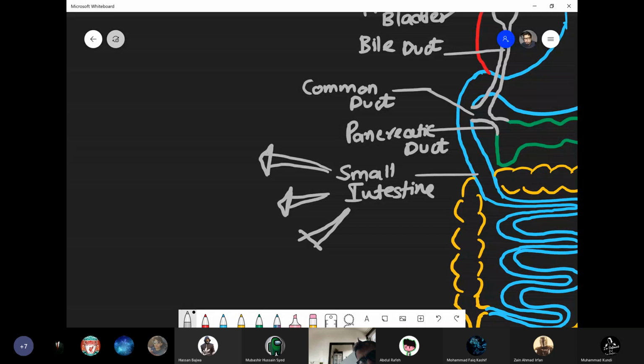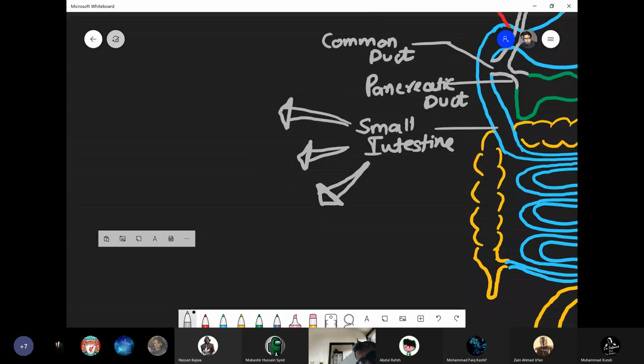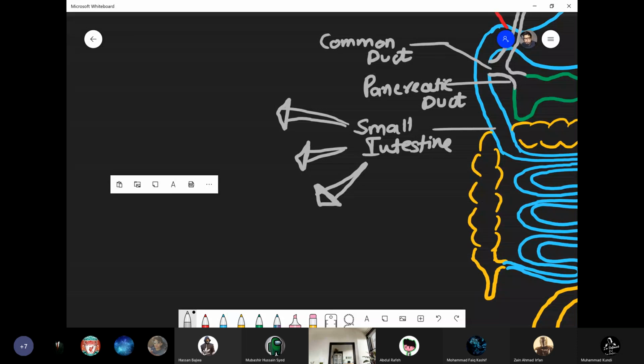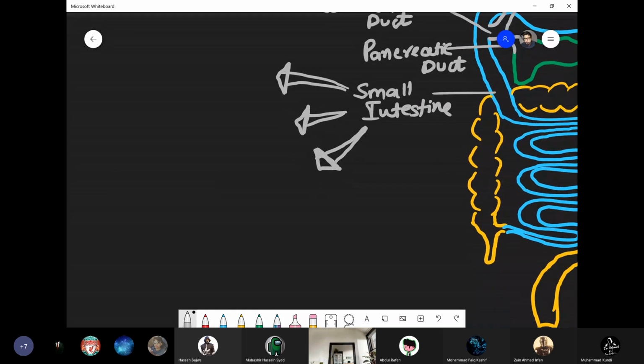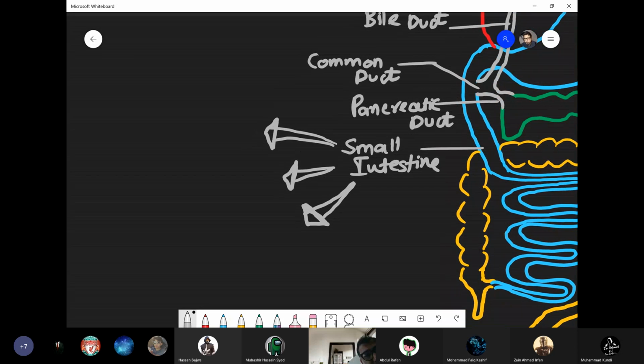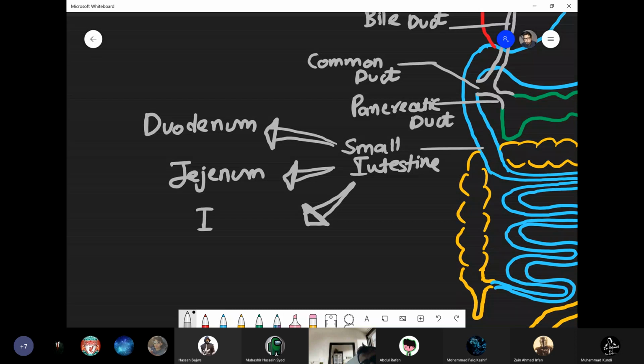They are not actually three marked parts. For the function of the small intestine, we have divided it into three parts. The first part is called the duodenum. The second part is called the jejunum. And the third part is called the ileum.